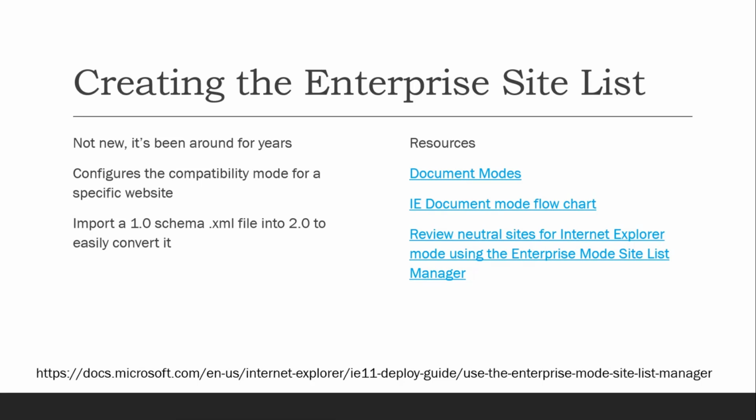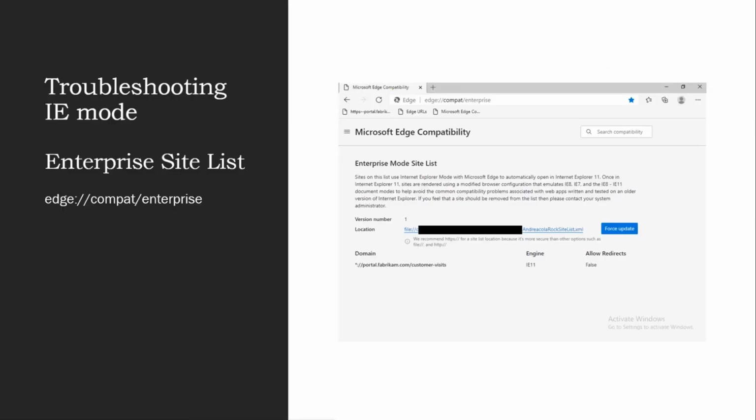If it's a particular page of a website that needs it, then you can just do it for that particular URL. If you are using the 1.0 schema, the older version, we do recommend that you upgrade to the 2.0. And just for compatibility, you can import that directly in and use it that way.